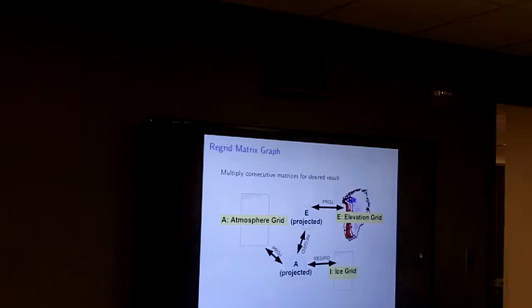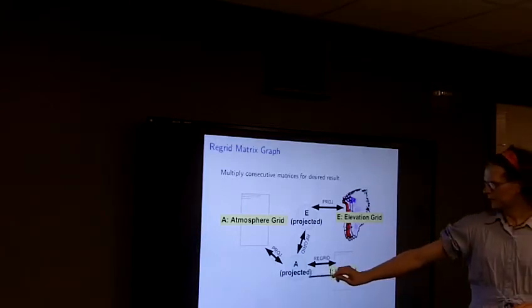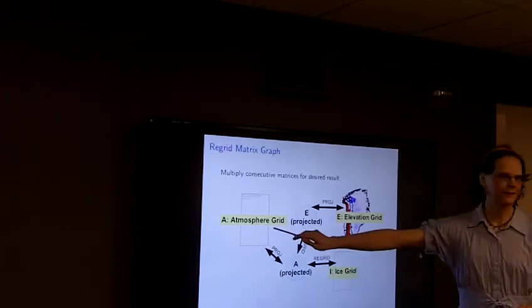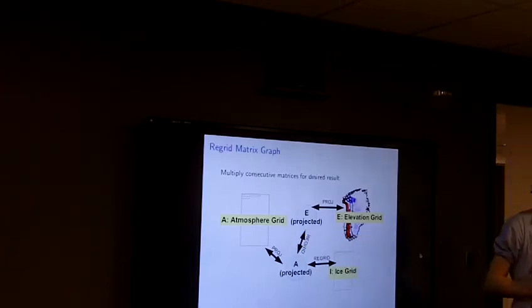So the way this works is, the first wrinkle is you cannot take the inner product of an ice grid basis function with an atmospheric grid basis function, because one of them is on the sphere and the other is on the plane.